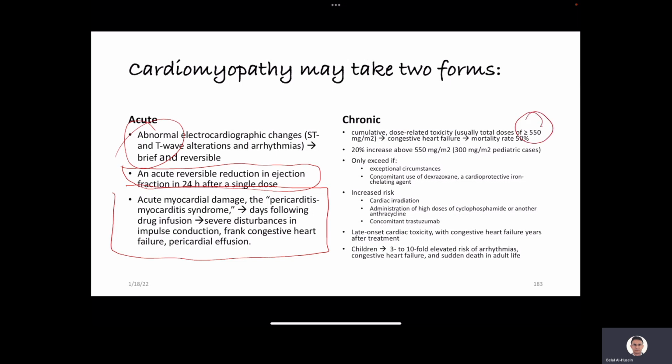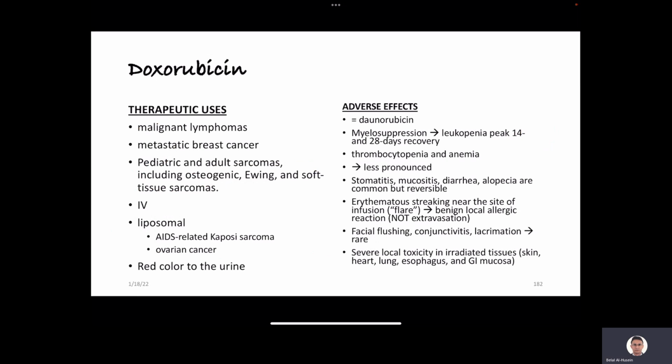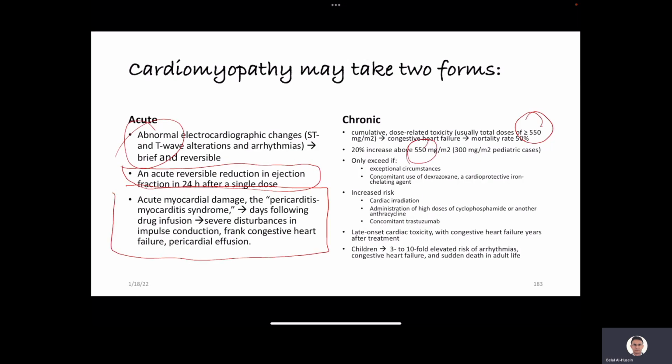As we mentioned, you have to keep in mind or estimate or add up all the doses the patients received from anthracyclines through the patient's life. Cardiac toxicity is reported, for example, for doxorubicin, at 550 milligrams per meter square cumulatively, or if a pediatric patient exceeds 300 milligrams per meter square.